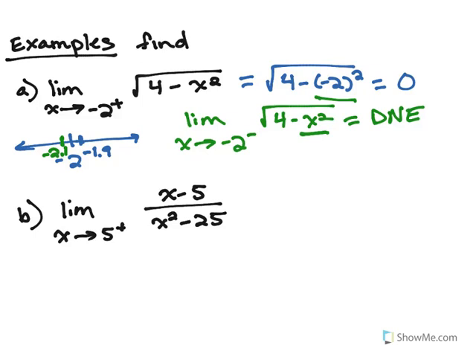All right, let's look at example B here. If I did a direct substitution, I would get 5 minus 5 is 0 over 25 minus 25 is 0. And that indicates to me we can do something to figure this out. So we'll factor it.